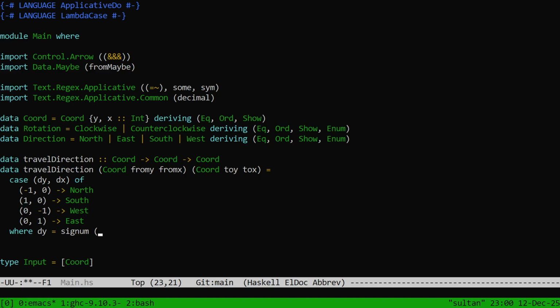From 2 minus from here. If 2y is smaller, then I want dy to be negative. So I want 2y minus from y, I think.